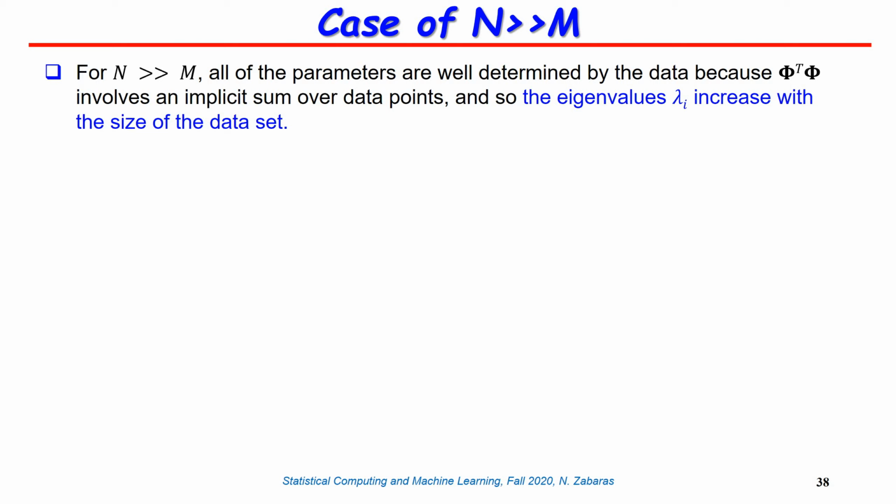The idea here is, you remember we computed the eigenvalues lambda i of the matrix beta times phi transpose phi, and phi transpose phi is a sum over data points. So if you have a lot of data points, then lambda i becomes bigger and bigger. So basically all dimensions become very important, so gamma becomes equal to m.